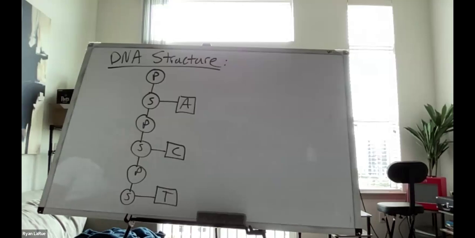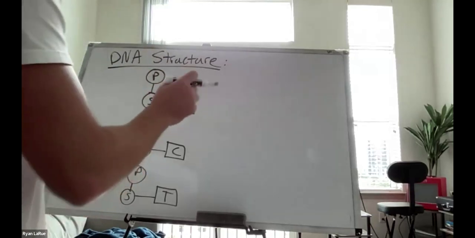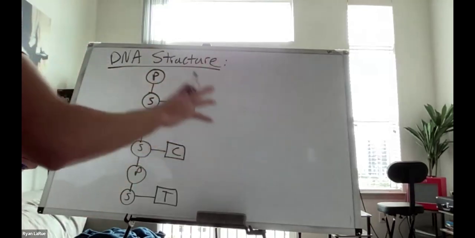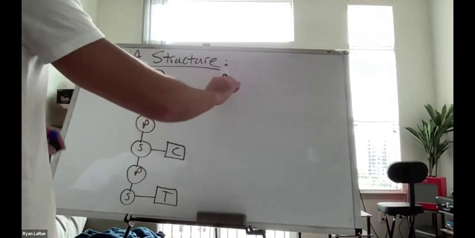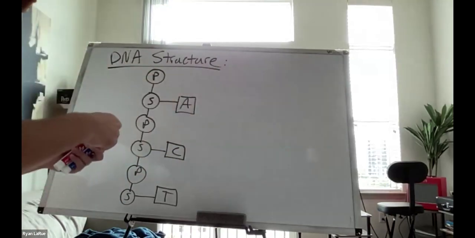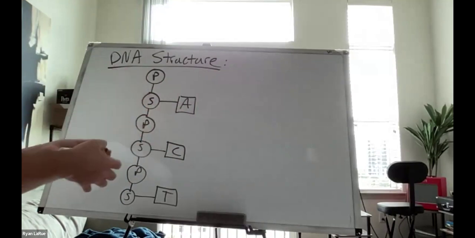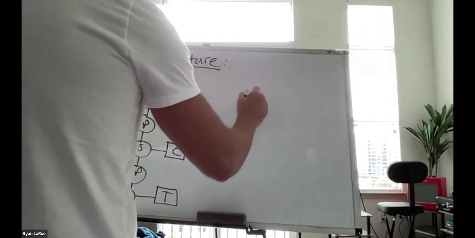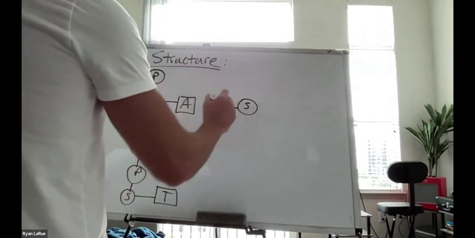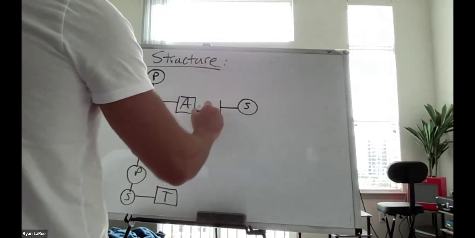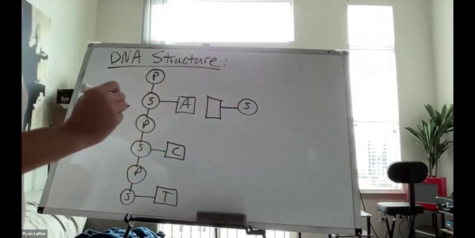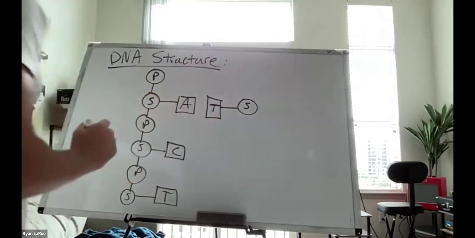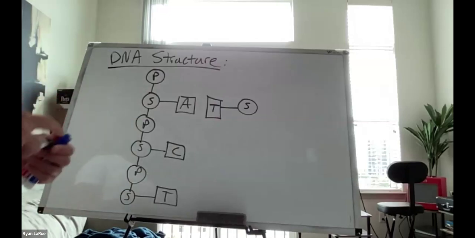Okay. As we know, DNA is two strands, two chains of nucleotides that are coming together now. And so let's do the other strand. And importantly, we're not going to start with a phosphate. This will be a very important point, and we'll talk about why. But actually, we're going to just start with the sugar here. And the sugar is going to be connected to a T. Now, why did I choose T? I have no choice.